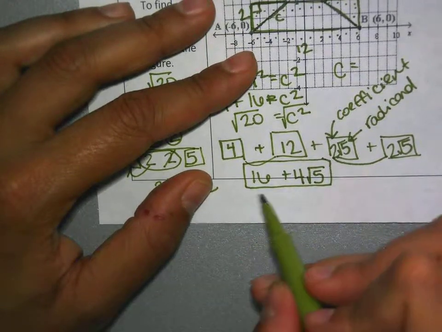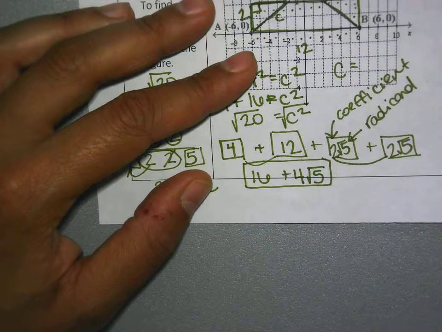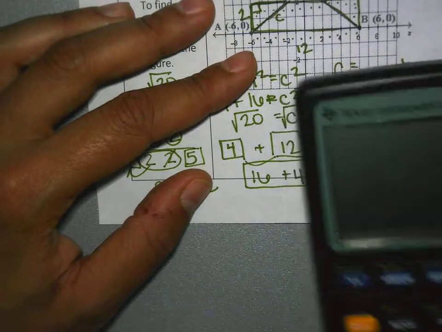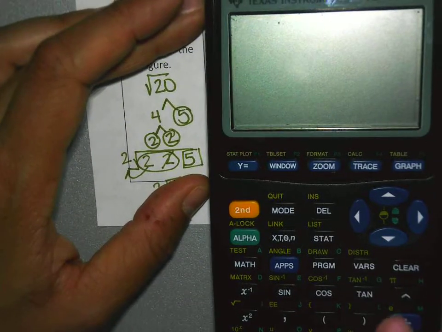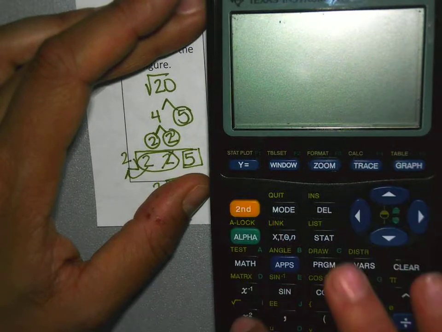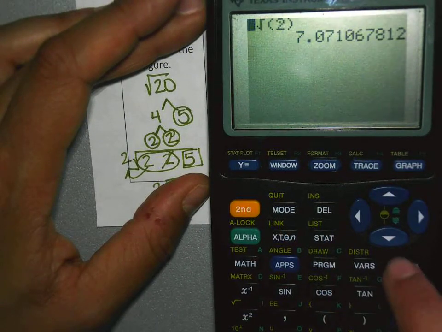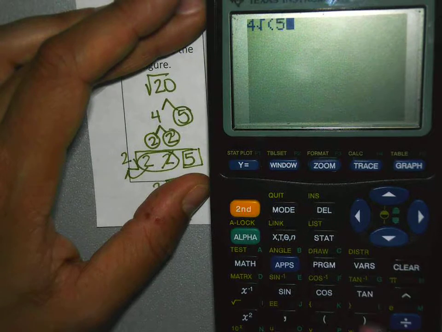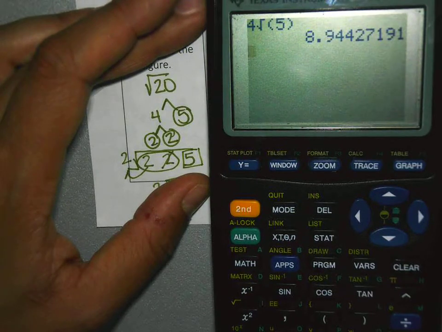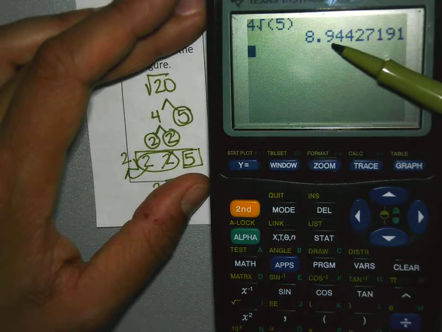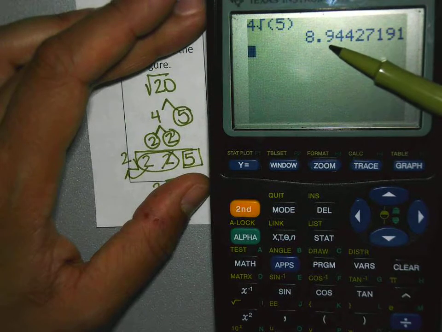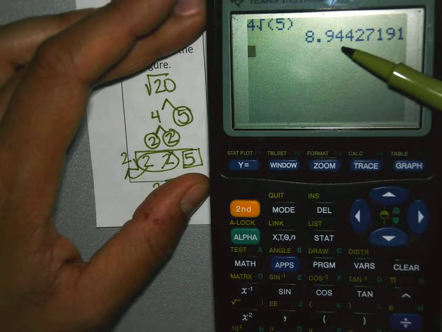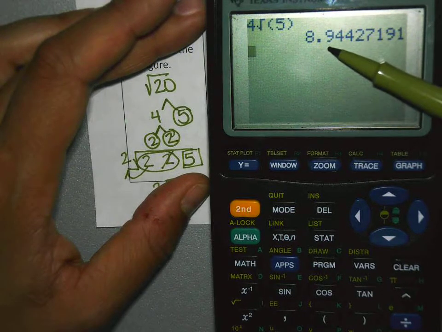And if I wanted to alter this into a decimal, I would go back to my calculator. I would put in 4 square root of 5, close parenthesis, and that gives me 8.9. So again, I'm going to round to the nearest tenths place. 9 is in the tenths place. 4 keeps 9 the same.